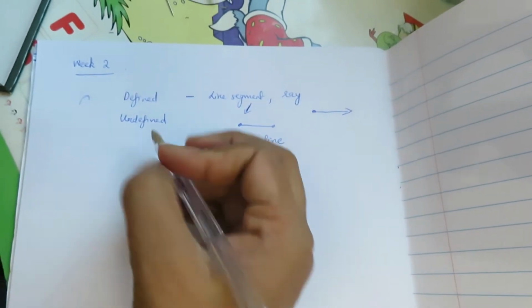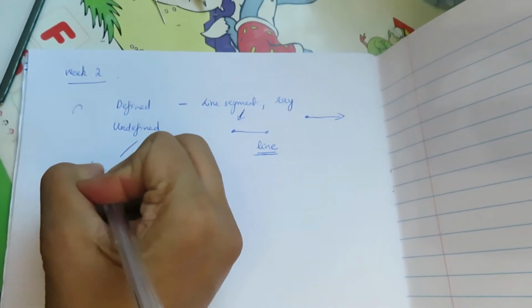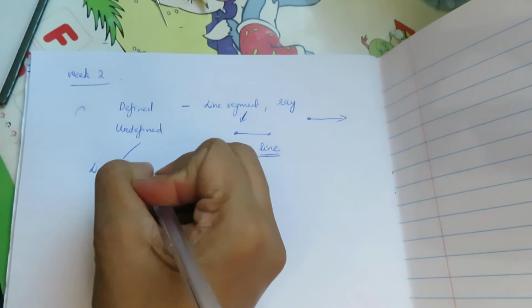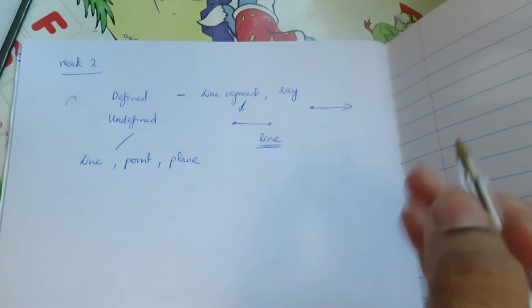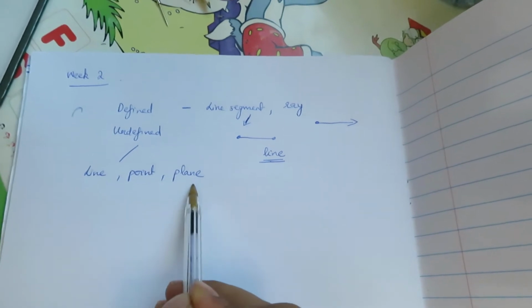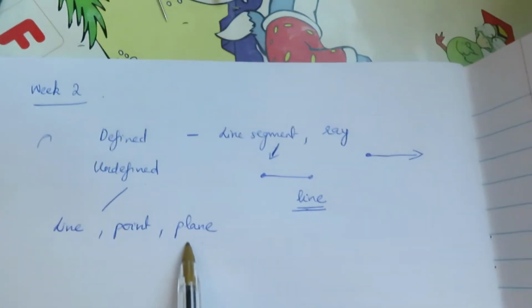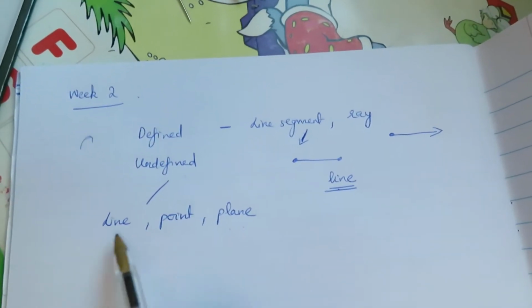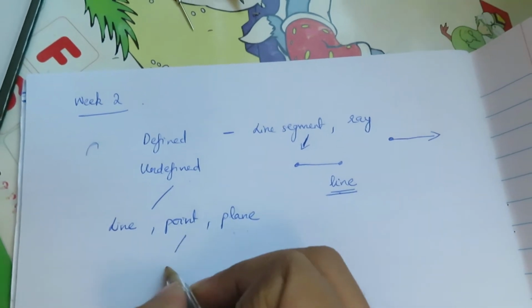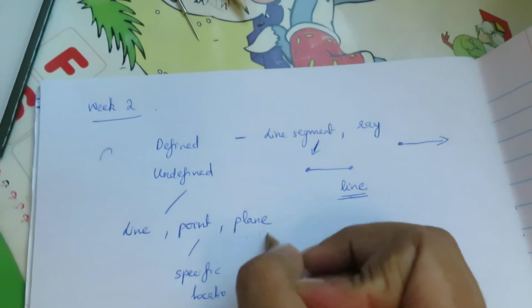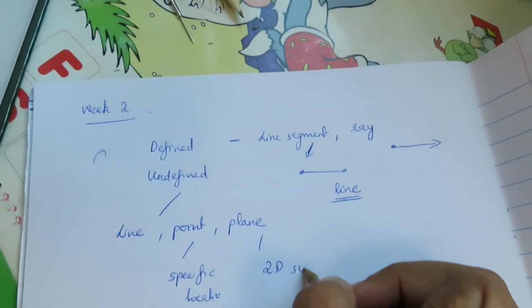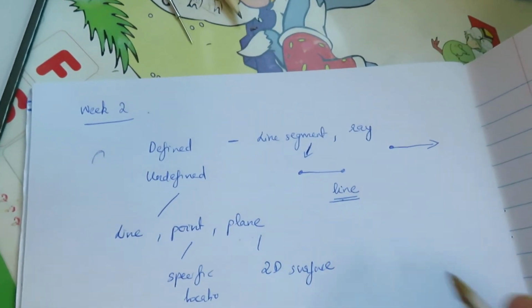Now what are undefined terms? You have a line, point and plane, which are called undefined terms because when you try to describe or define them, you don't have any terms from geometry to describe them. A point is just a specific location. A plane is just a two-dimensional surface that goes on endlessly in all directions.